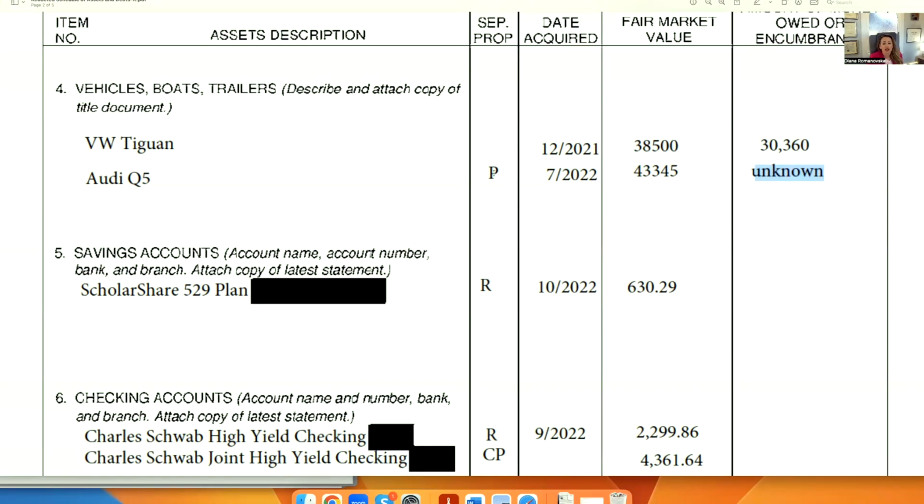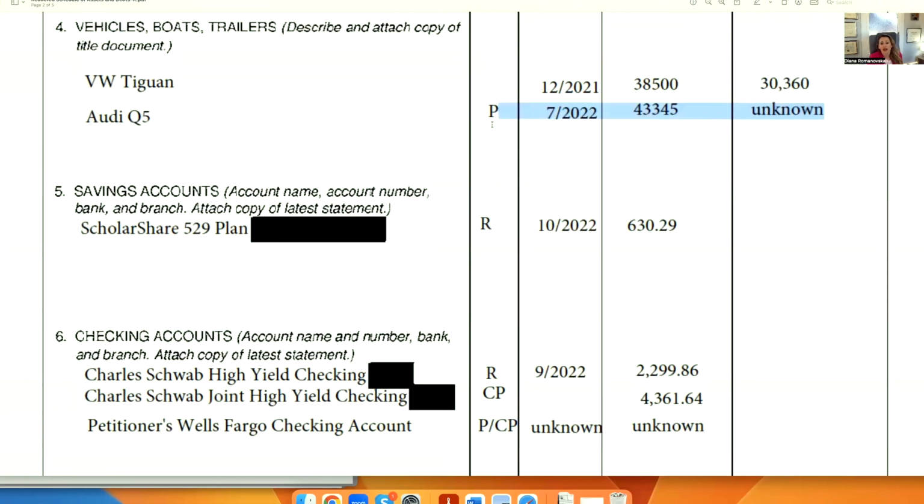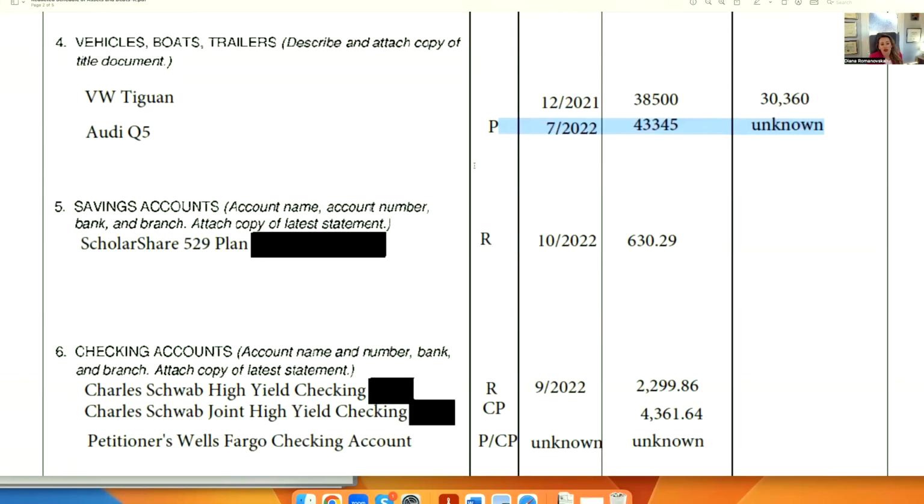The only time it makes sense is if that car is in the other party's possession. So it's fine. I would just put a note, in the respondent's possession, then it makes sense why it's unknown. And since respondent is filling out, it makes sense that it says petitioner. So they just don't know how much is owed, which doesn't matter if that is a separate property of petitioner.